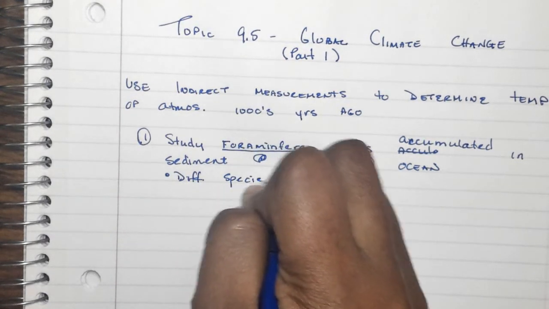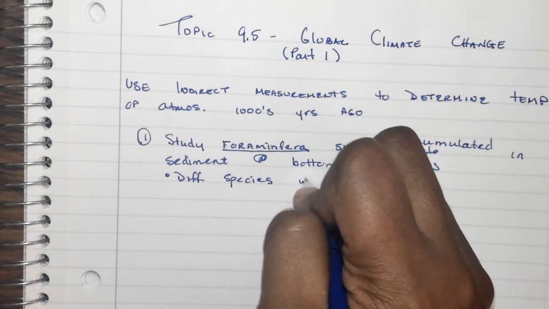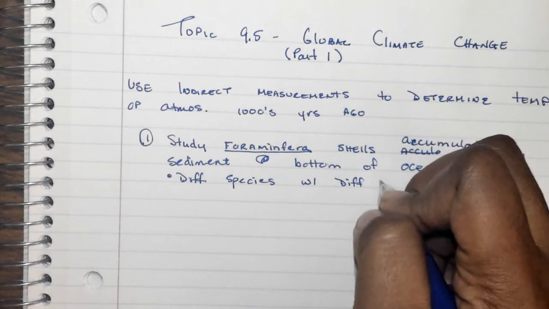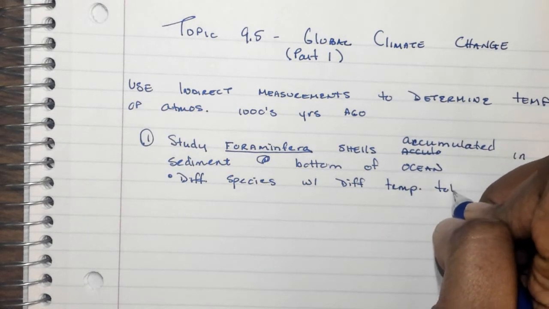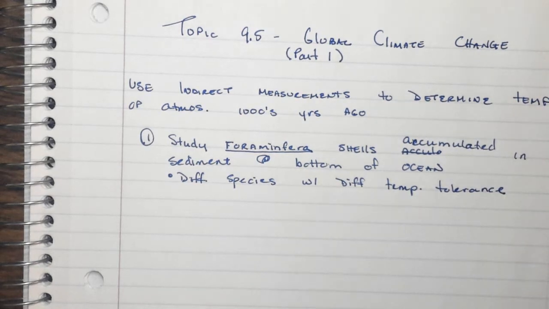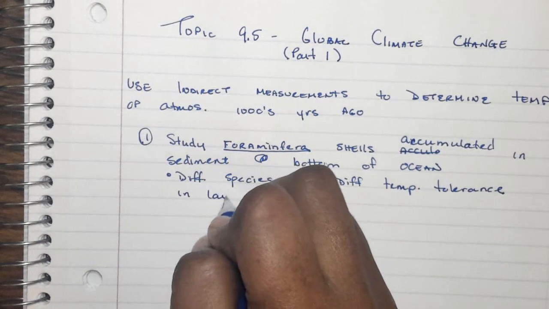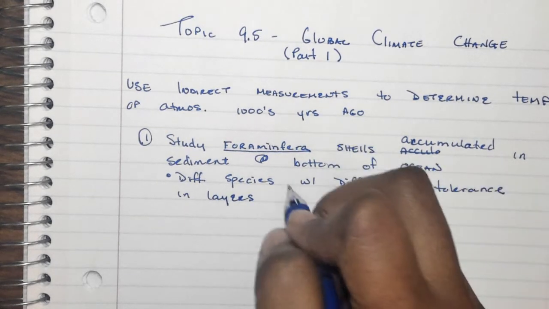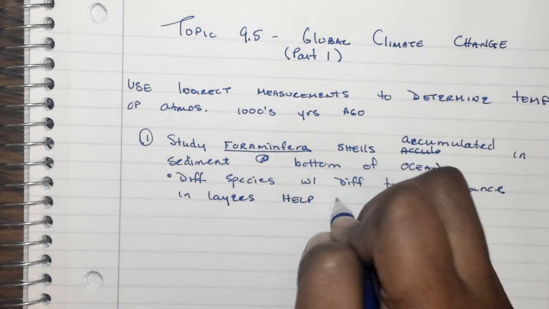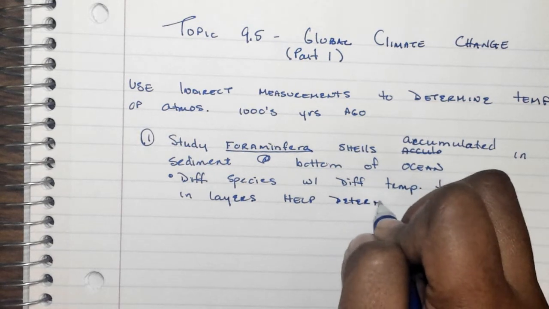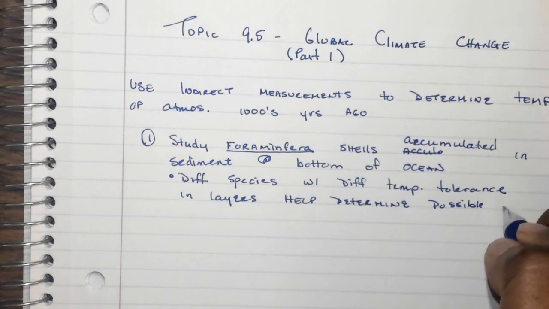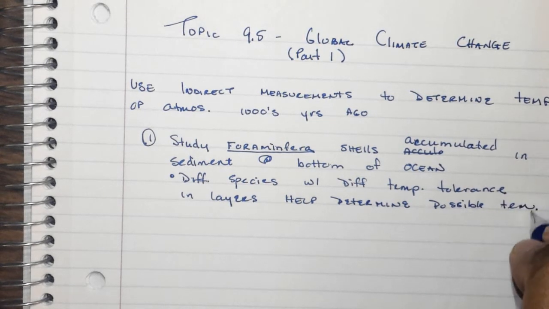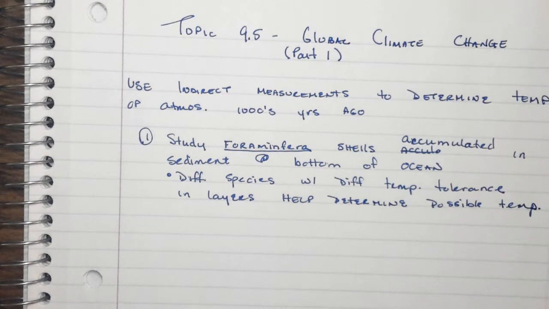So different species with different temperature tolerances are going to help determine the possible temperature at that time. So that's one way we can measure.